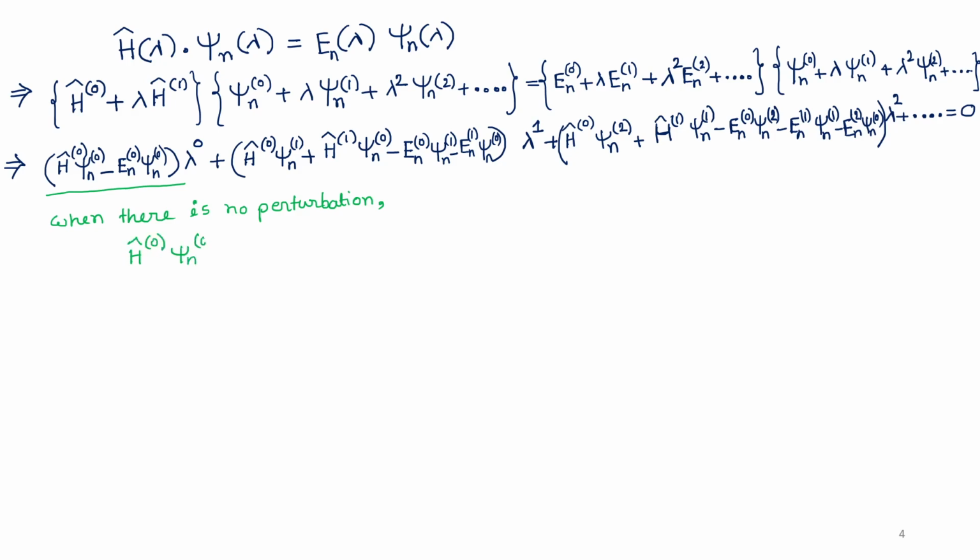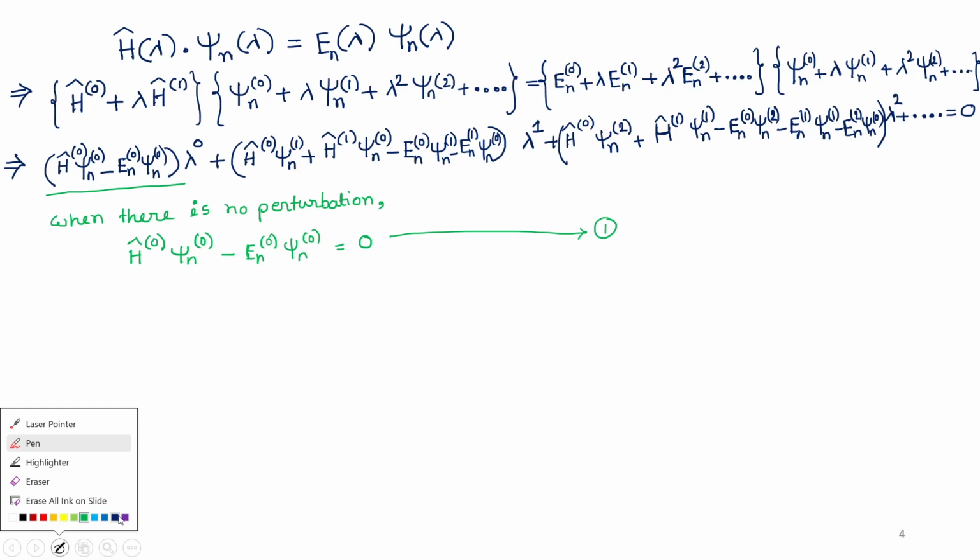We have already written this, right? Individually all these coefficients are going to be 0. So this is the first case. It is not the first equation we get, but still let me write it. This is the first equation. Now see, the lambda to the one term is also going to be 0.